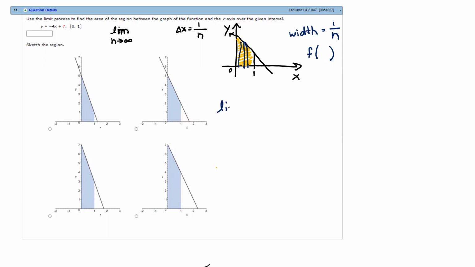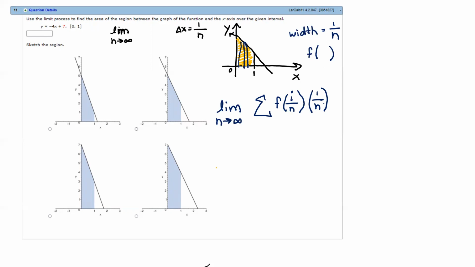So what we're really looking at is the limit as n goes to infinity. We're going to take the sum of each of these rectangles. Their height is going to be f of i over n, where i is our counting index, and the width of each is 1 over n. So f is our height and 1 over n is our width.